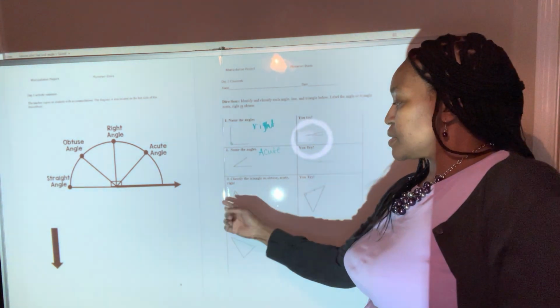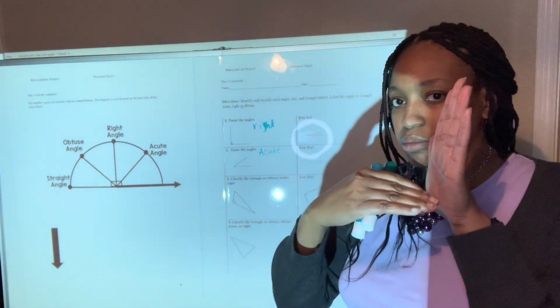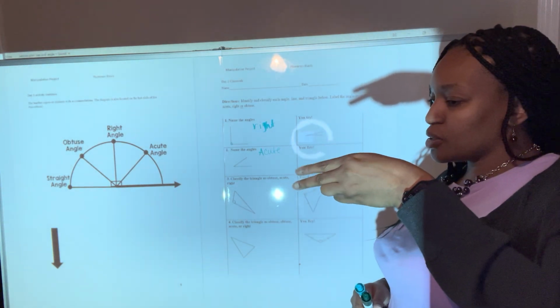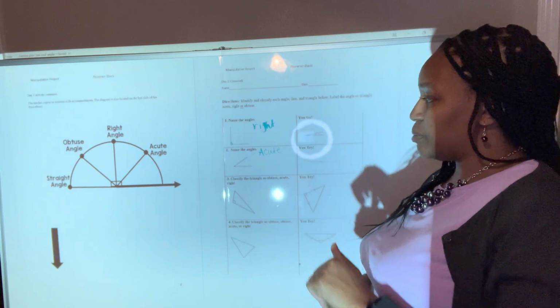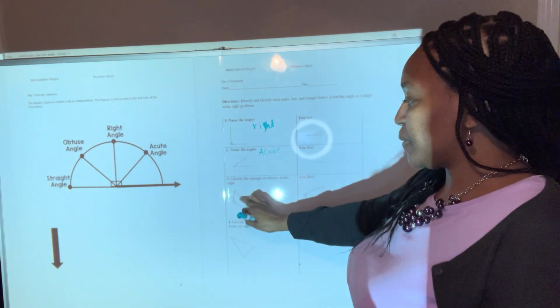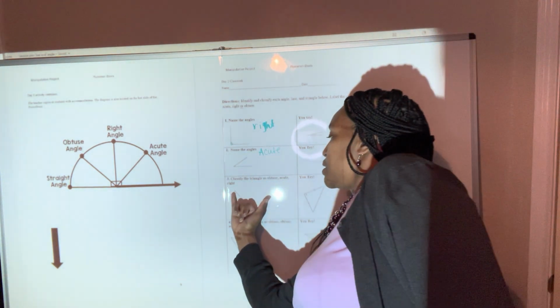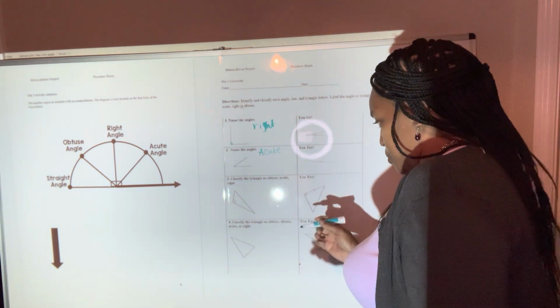So we see it kind of has that little L shape, right? But is it straight like an L? No. Is it like the scissors or like a sideways peace sign? No. But is it a little bit bigger than a 90-degree angle? Yes, it is. So we could say that that's more of an obtuse angle.